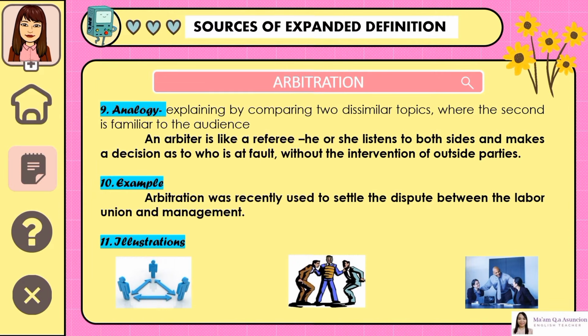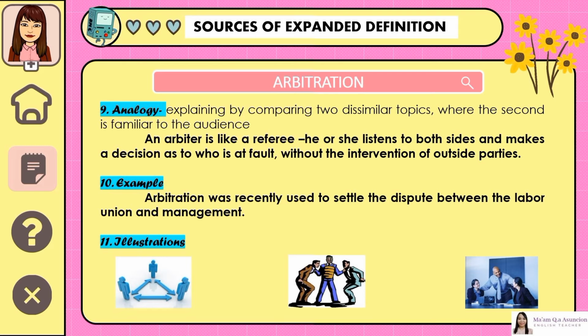Number 9, analogy, explaining by comparing two dissimilar topics where the second is familiar to the audience. An arbiter is like a referee. He or she listens to both sides and makes a decision as to who is at fault without the intervention of outside parties.